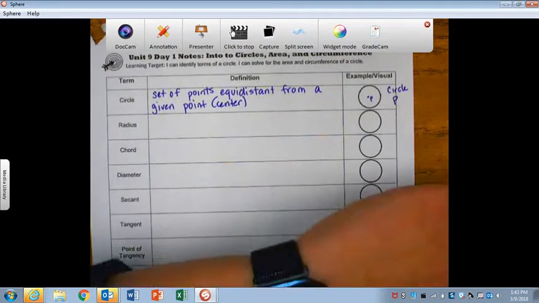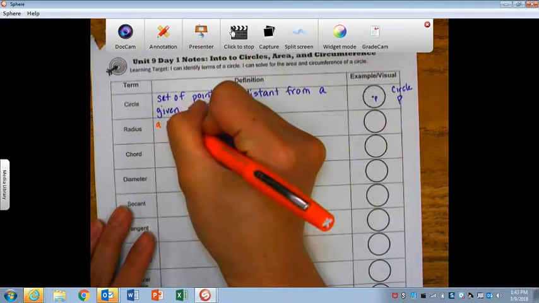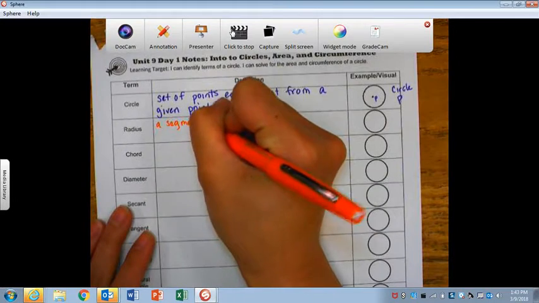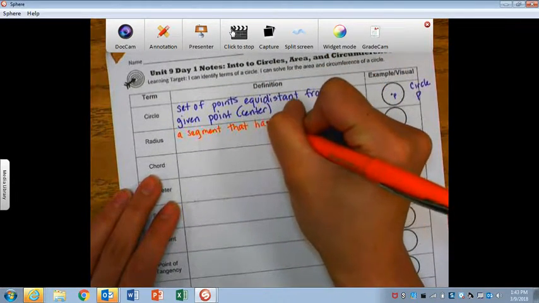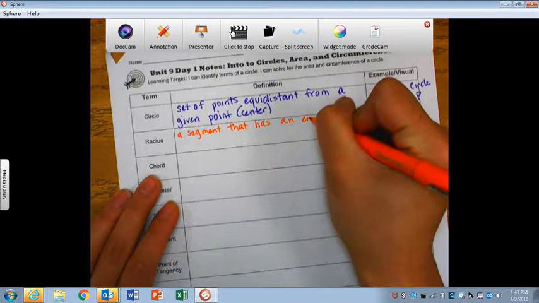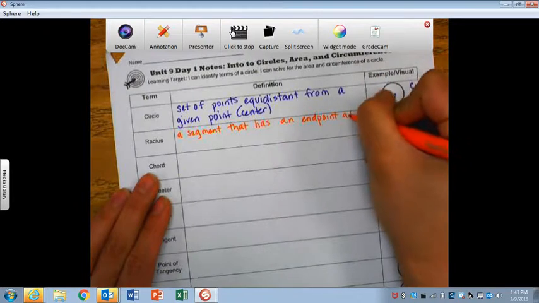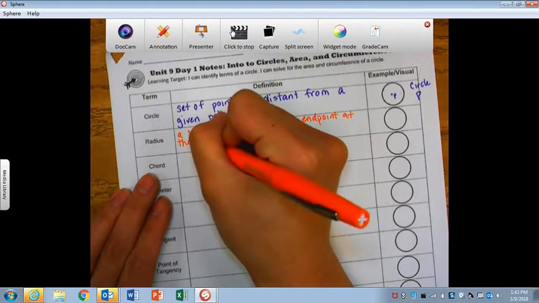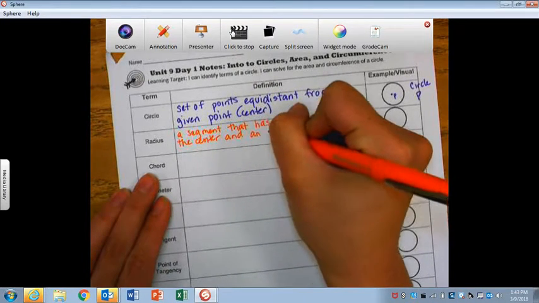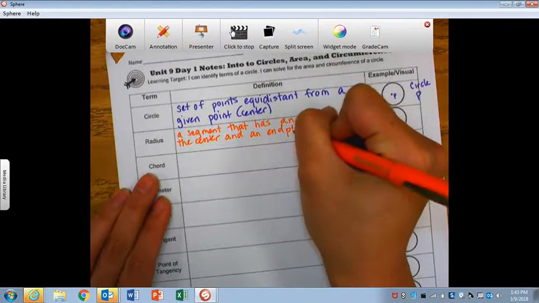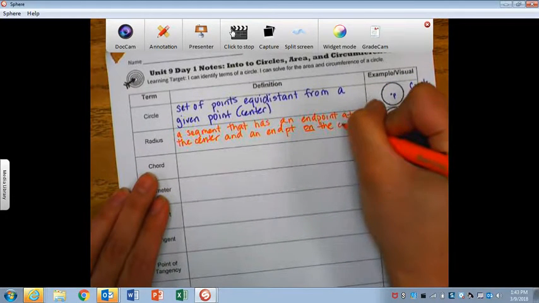Next thing, a radius is a segment that has an endpoint at the center and an endpoint, I'm going to write this in short form, on the circle.